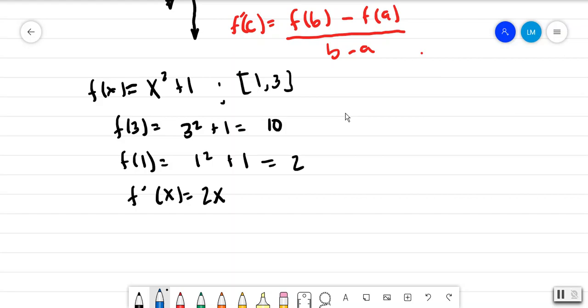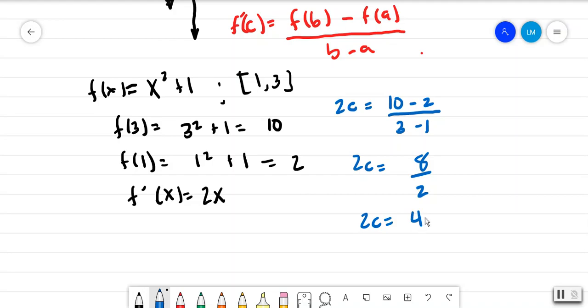So we set 2c equal to 10 minus 2 divided by 3 minus 1, which is 2c equals 8 divided by 2, which is really just 4. So 2c equals 4, so c is equal to 2.